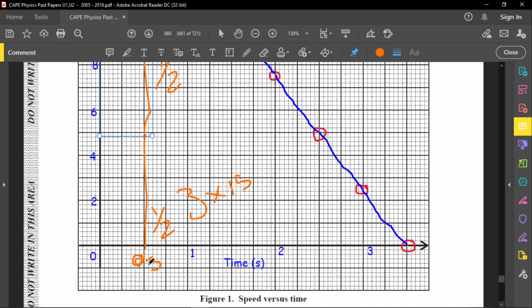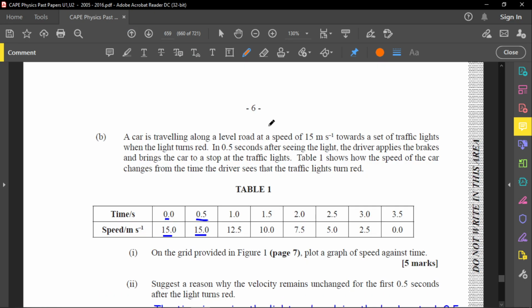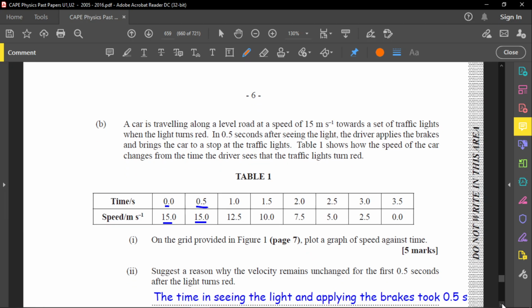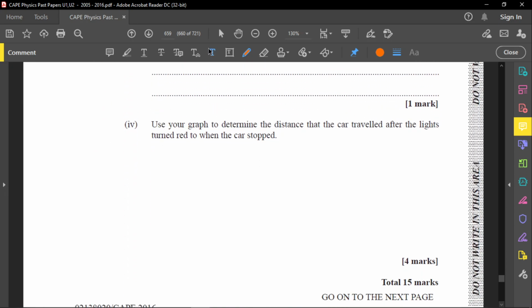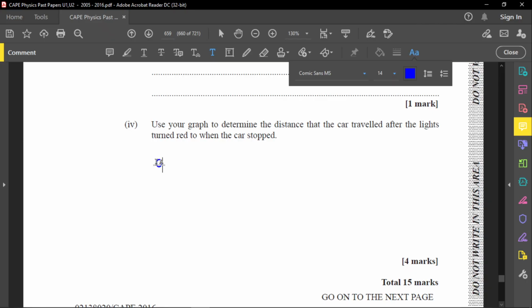And then the base of the rectangle is 0.5, so 0.5 times 15. Let's go back to the question and put the answer there. All right, so remember the rectangular part is 0.5. So I'm going to say 0.5 multiplied by 15, and that will equal 7.5.